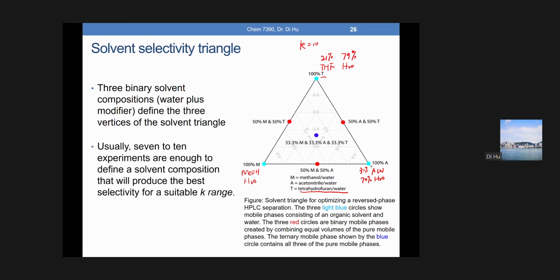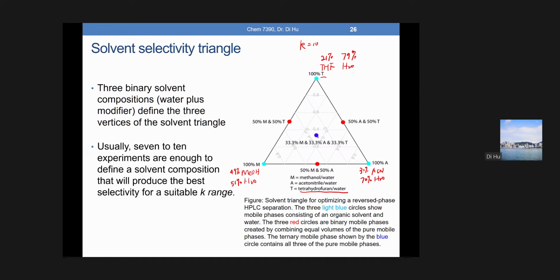So T is 21% THF and 79% water, and M is 49% methanol and 51% water. You see that?